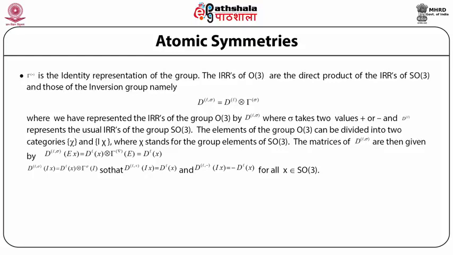The matrices of D_L sigma are then obtained as a direct product of D_L and gamma sigma. D_L sigma for the symmetry element X is equal to D_L X, and likewise D_L sigma for IX is equal to D_L X times gamma sigma I, so that D_L plus IX is equal to D_L X and D_L minus IX is equal to minus D_L X, for all X belonging to the group SO3.